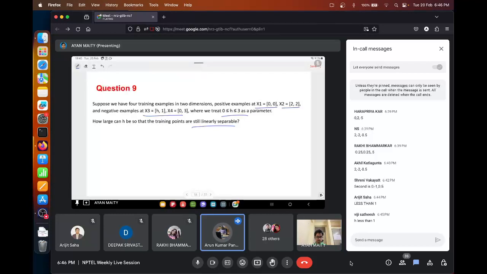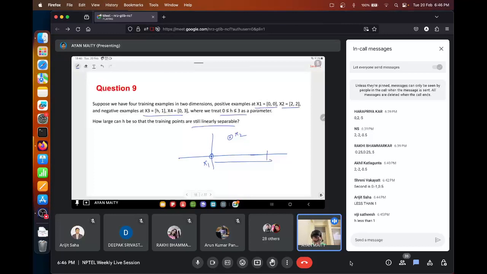So, by plotting a 2D graph, yes, we have to plot these 4 points. So this is the point x1, and here it will be point x2. So these are two positive examples, and x3 is (h, 1), we don't know what is the value of h. h is between 0 to 3, so it can be anywhere in this range 0 to 3, if this is the x equals 3 line.